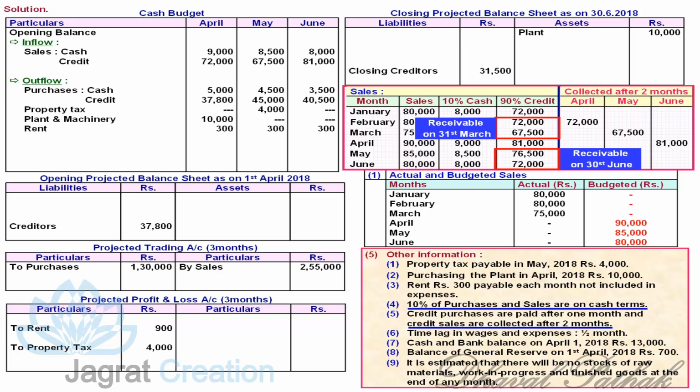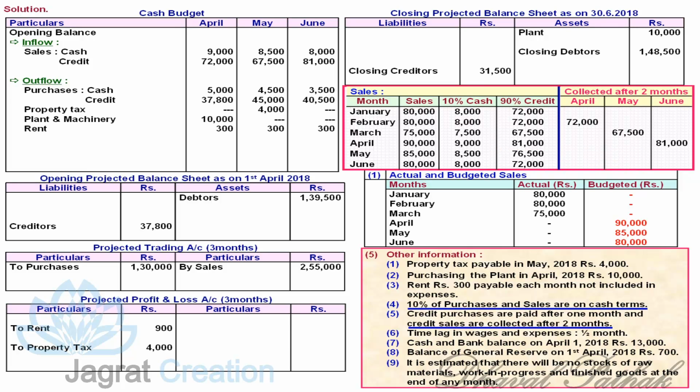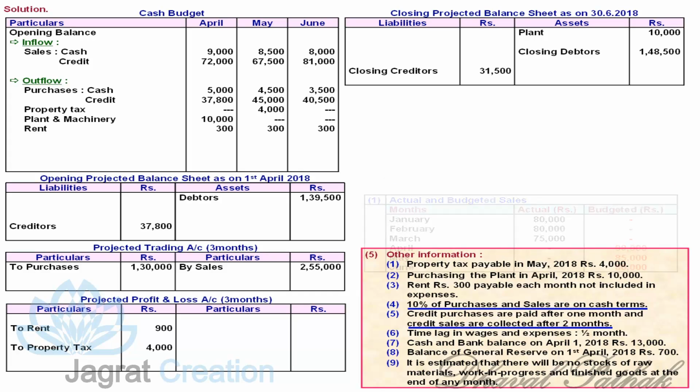So it is receivable on 30th June. This receivable debtors I will write in the opening balance sheet, and this receivable debtors as on 30th June I will write in my closing balance sheet. So total debtors to be collected at the end of budget period is 76,500 plus 72,000. Now this is how this information is considered.